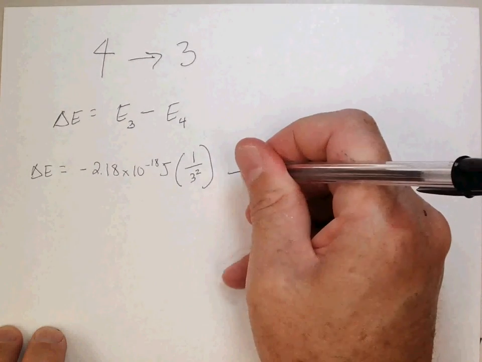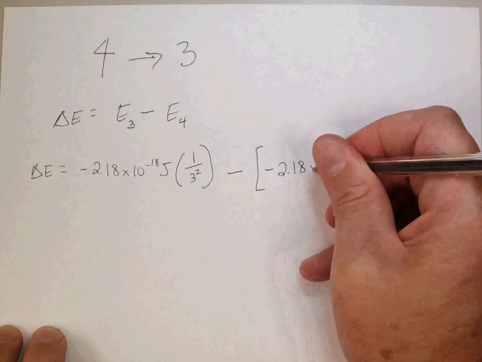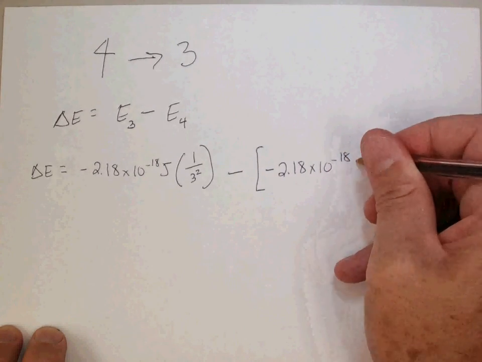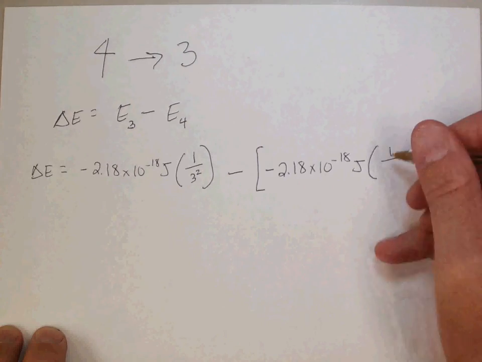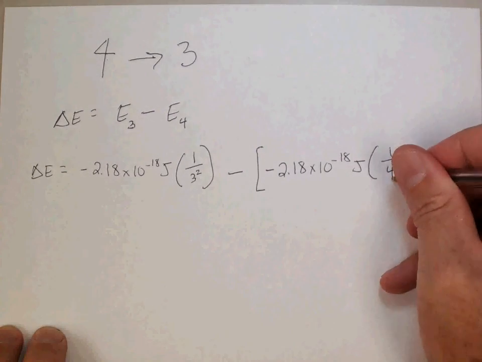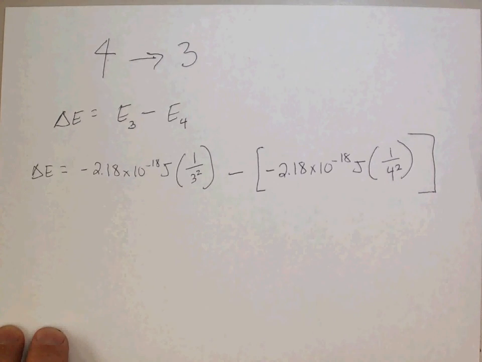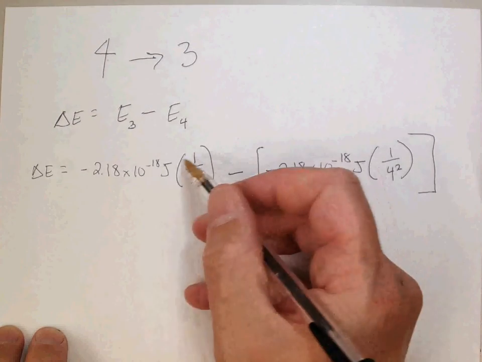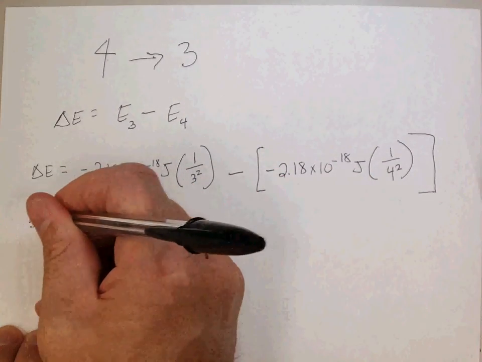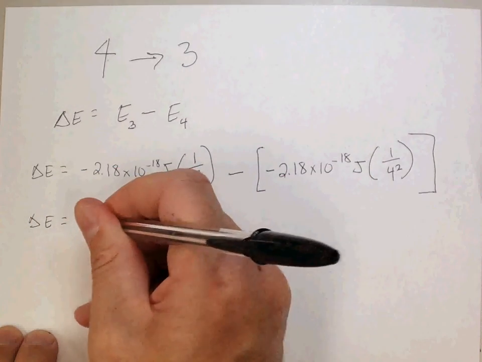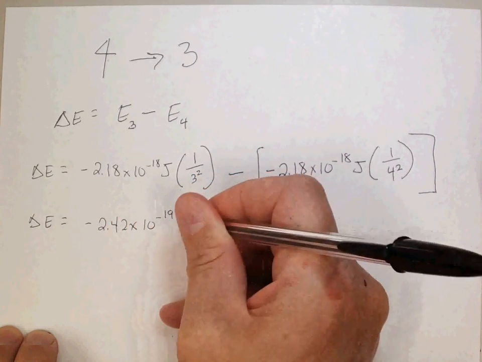Okay, we're going to subtract that, and we're going to take negative 2.18 times 10 to the negative 18 joules, which is a constant, times 1 over energy level 4, so that's 4 squared. Basically 1 over 9 times this number becomes negative 2.42 times 10 to the negative 19 joules.